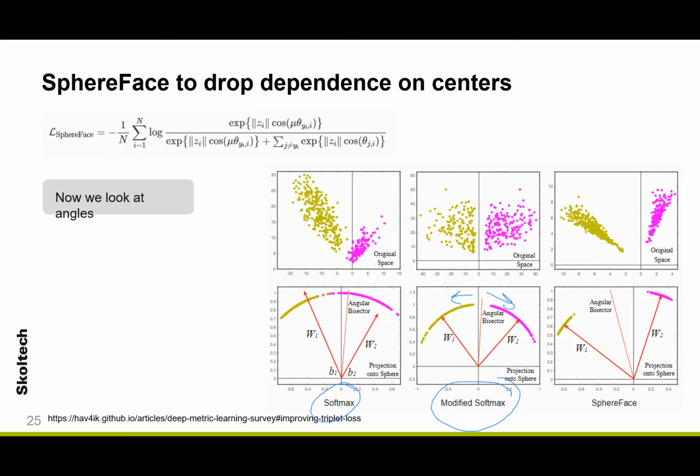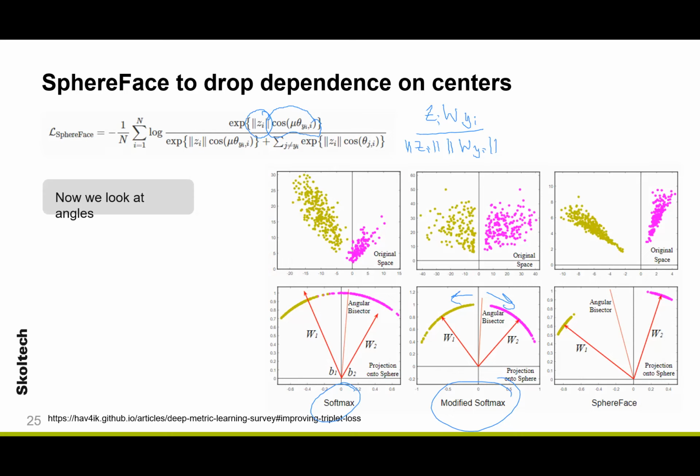So we have the norm of the embedding and the angle between z_i and the corresponding vector of the class. This is basically the cosine between z_i and the class center divided by the norm of z_i. For simplicity, we don't have biases here.